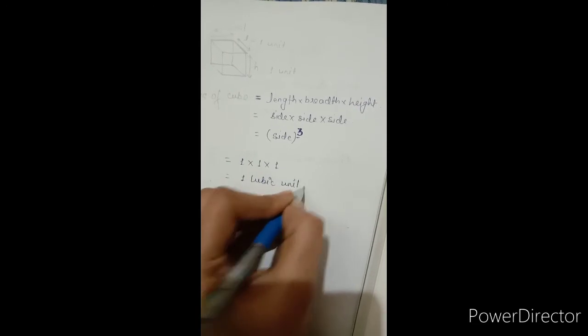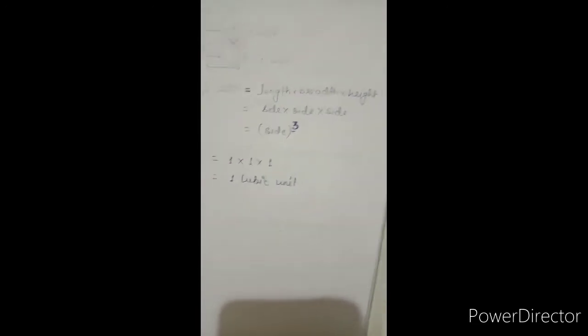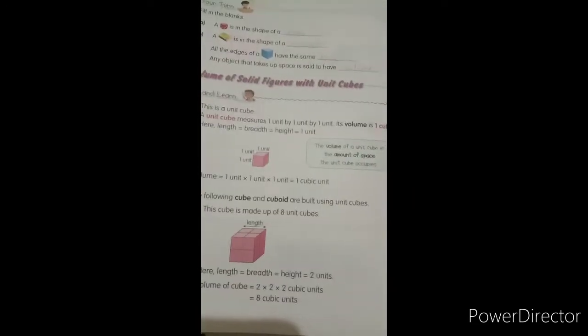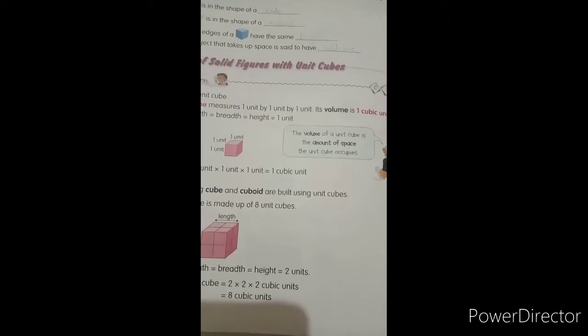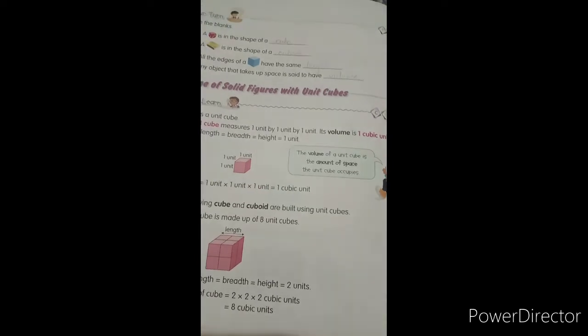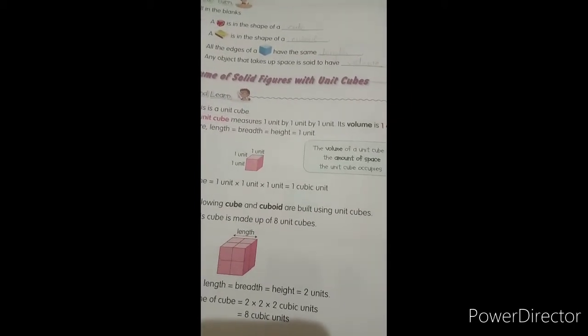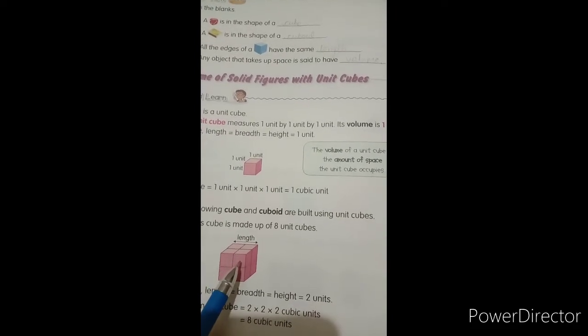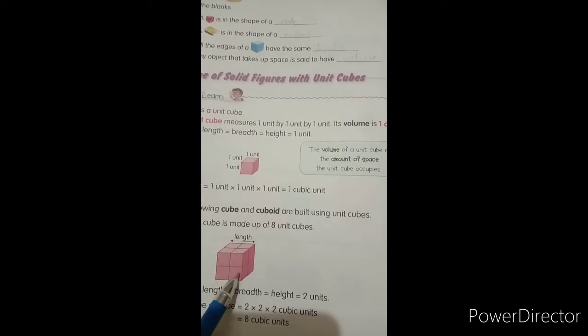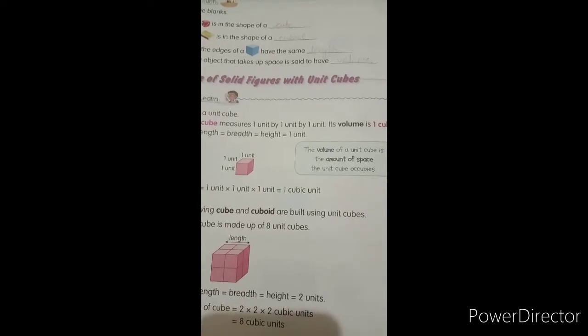Okay, the second one is, the following cube and cuboid are built by using unit cubes. So the cube is made up of 8 unit cubes. 1 2 3 4, 1 2 3 4 means total 8.